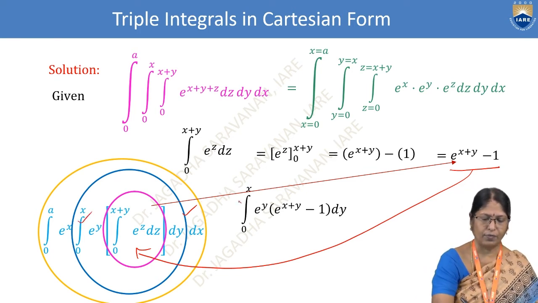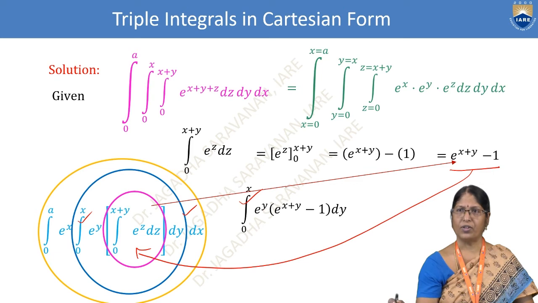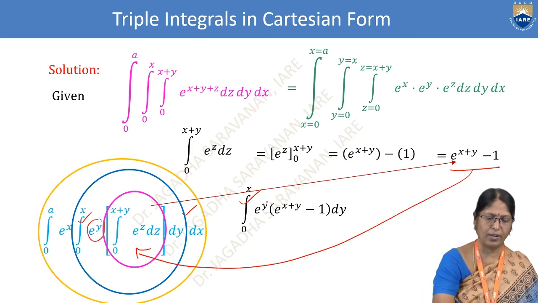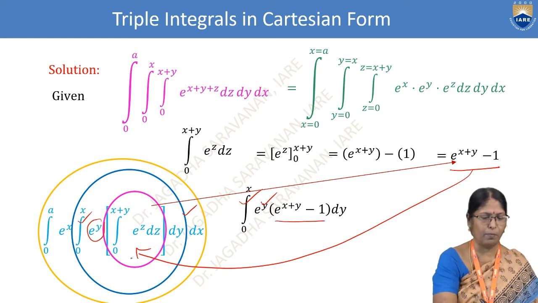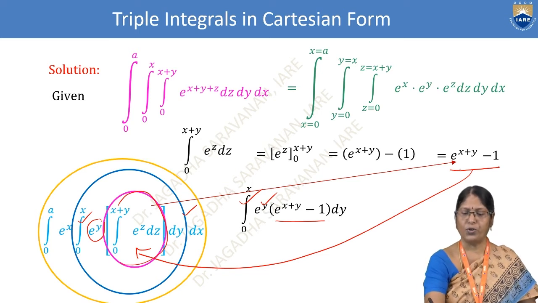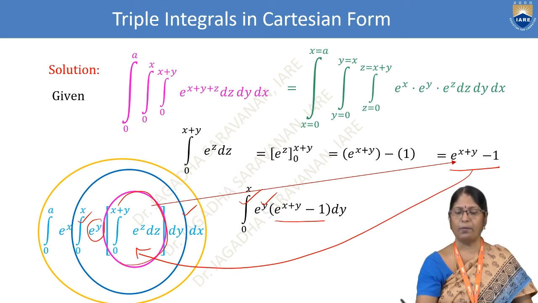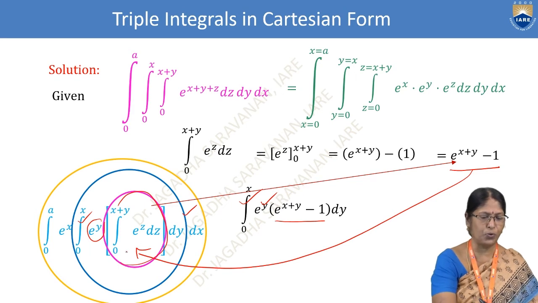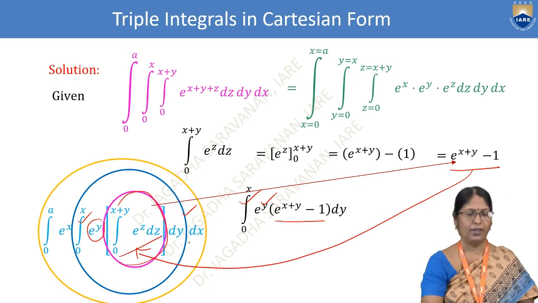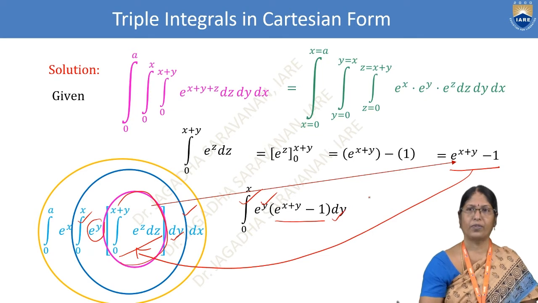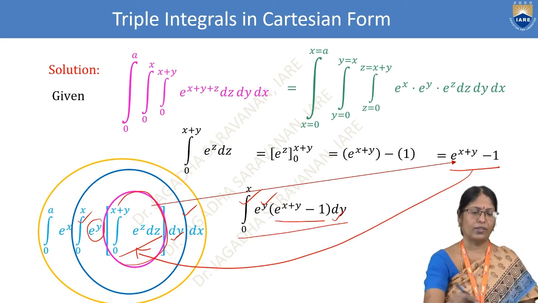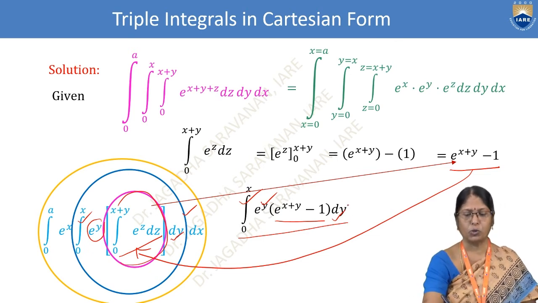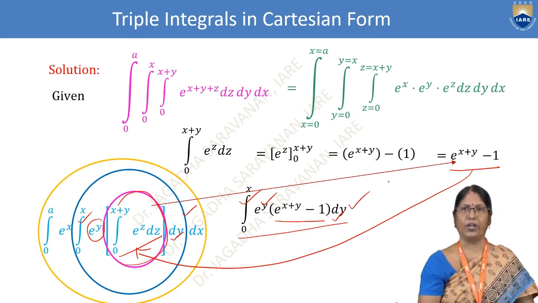The integral is from 0 to x as written. This part e power y is written as it is, and this animated arrow, e power x plus y minus 1, is substituted in this particular place, with dy. So this is the complete integration for the middle one with respect to y.